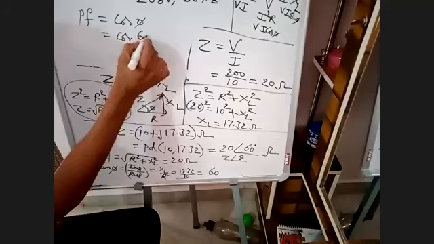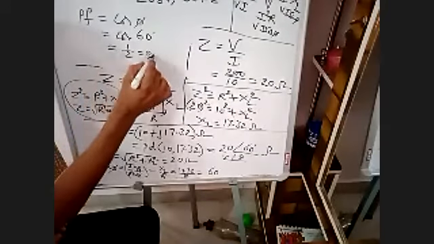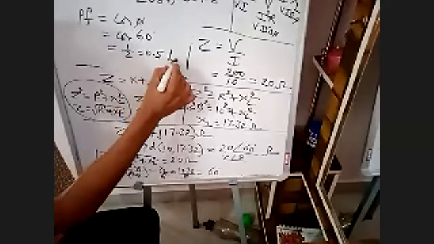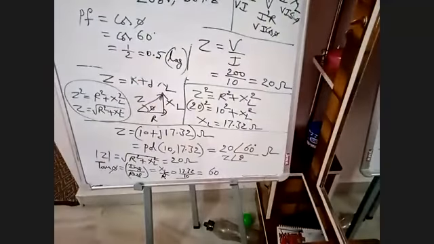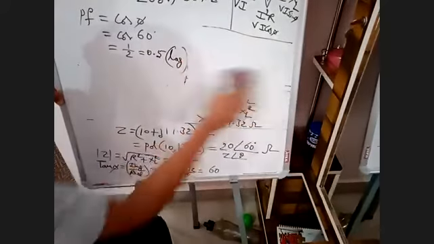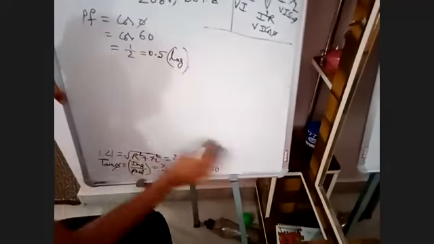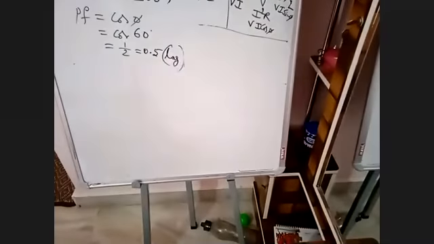What is phi? 60. In brackets, we have to write lagging. You will get 0.5 because in an inductive circuit, current lags the voltage. Your power factor will be lagging. In an inductive circuit, current lags the voltage. So power factor will be lagging.